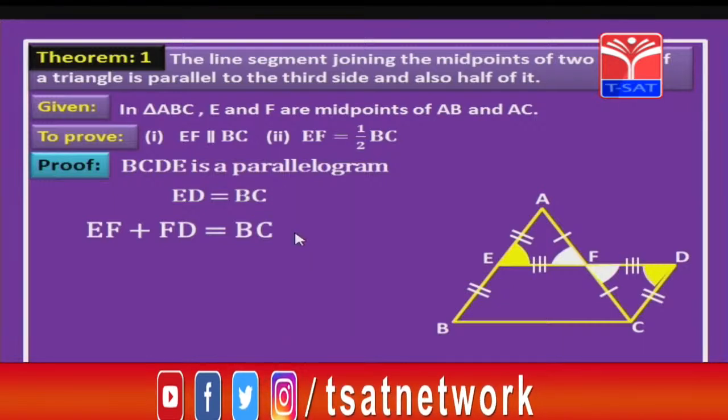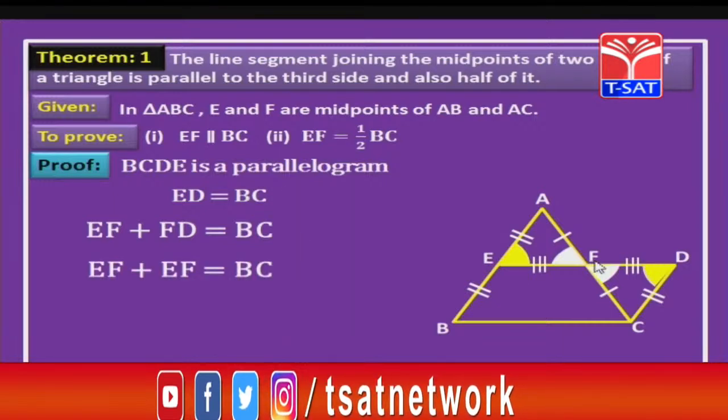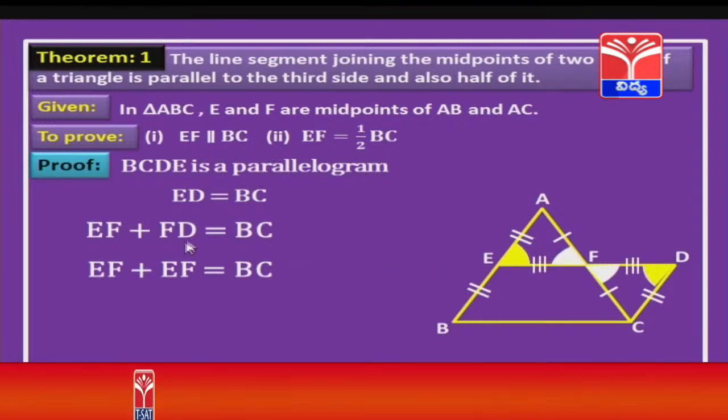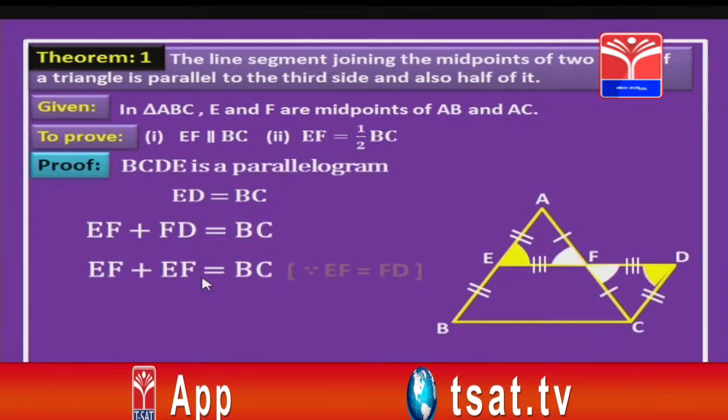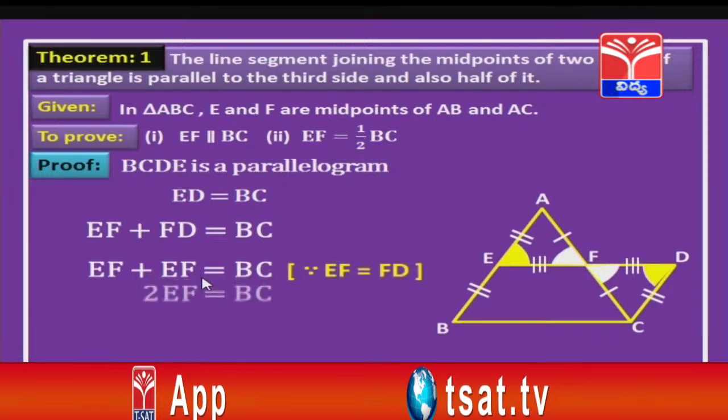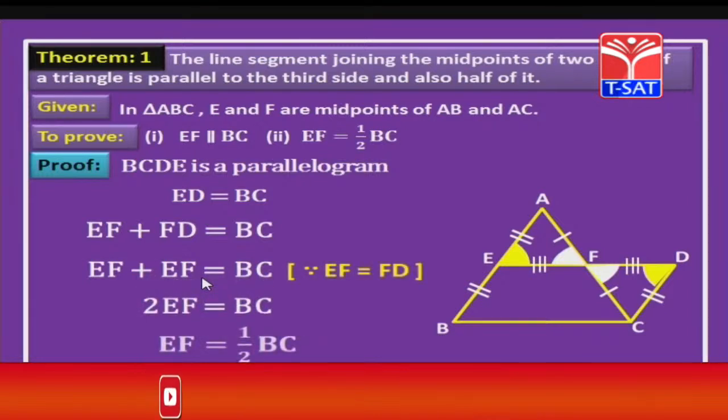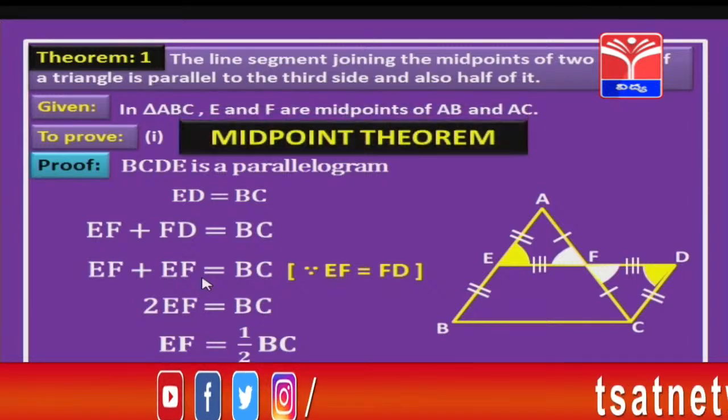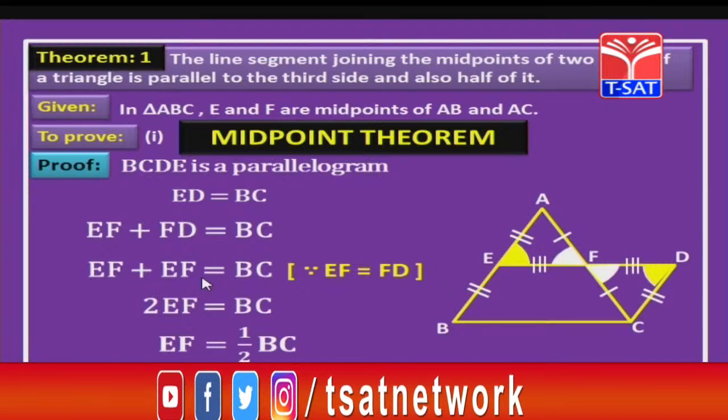So, that is equal to BC. Just now we have seen EF and FD both are equal. That means in place of FD, I can write EF. So, 2EF is BC. Therefore, EF is half of BC. So, this theorem we call the midpoint theorem. Got it, children? You have understood what is actually the midpoint theorem and its proof also.